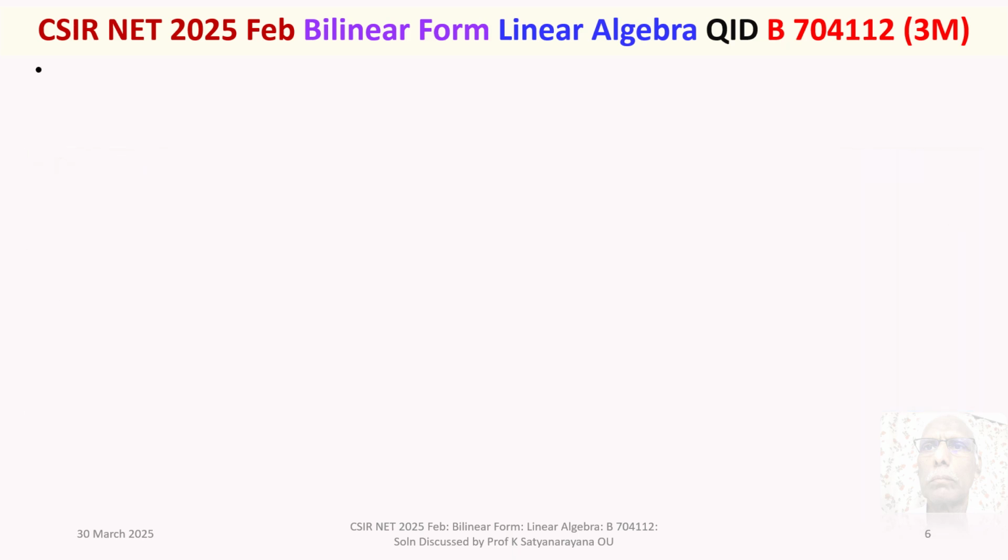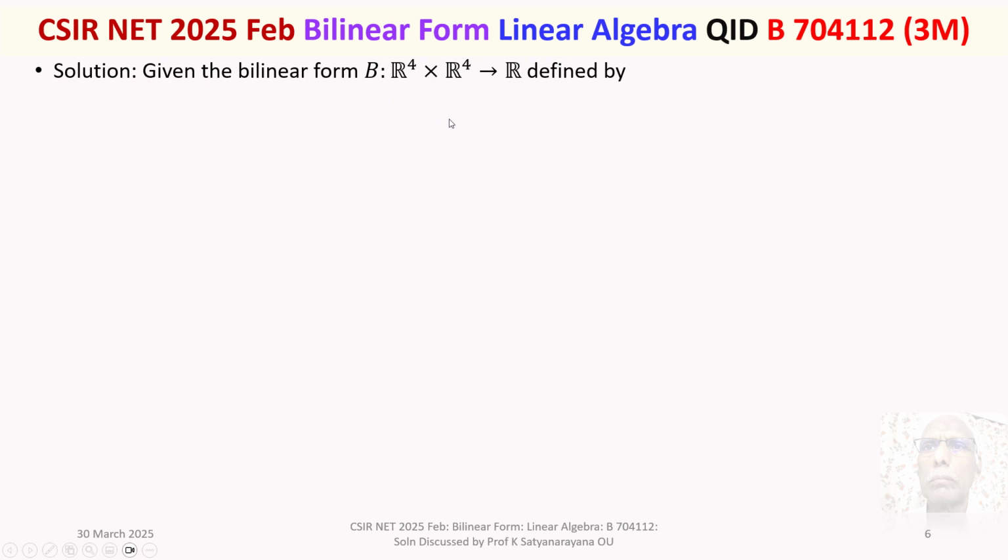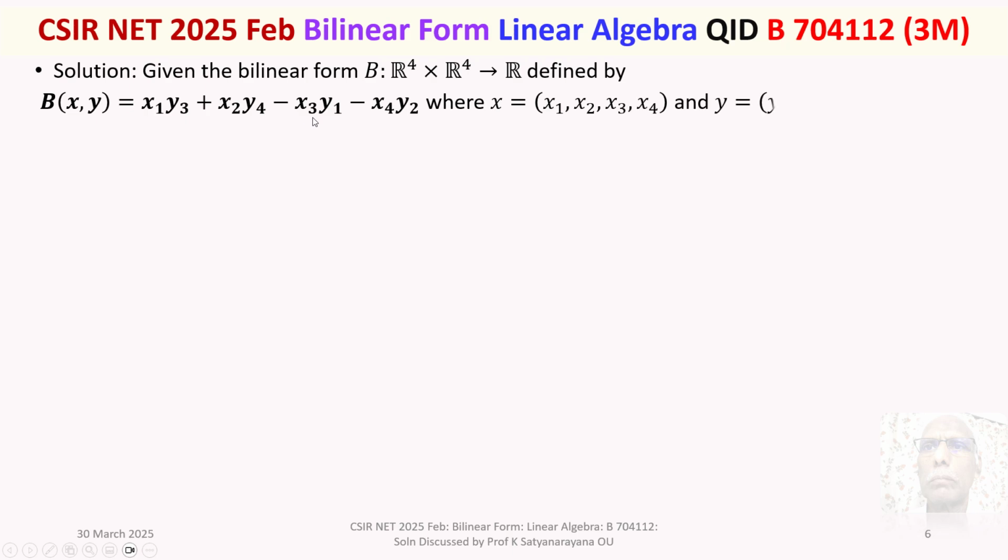Let's now discuss the solution of the problem in detail. We are given the bilinear form B from R^4 × R^4 to R defined by B(x, y) = x1 y3 + x2 y4 − x3 y1 − x4 y2, where x and y are quadruples denoted by (x1, x2, x3, x4) and (y1, y2, y3, y4) respectively in R^4.